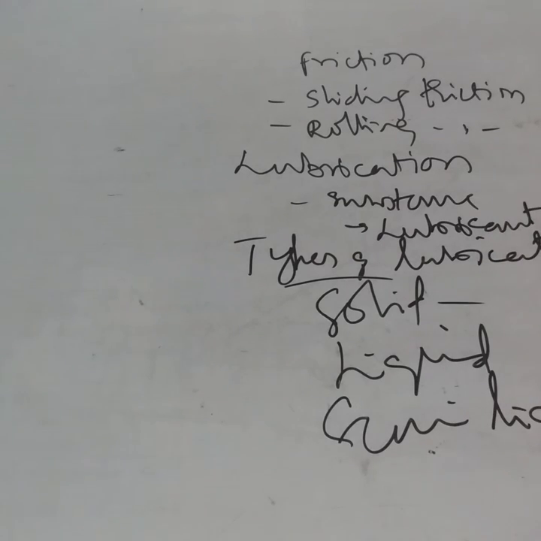Solid lubricant can be in the form of mica or talc. Liquid lubricant can be in the form of vegetable oil or mineral oil. Semi-liquid lubricant is grease in general terms. Then after this we learnt about the functions of lubricant, correct?